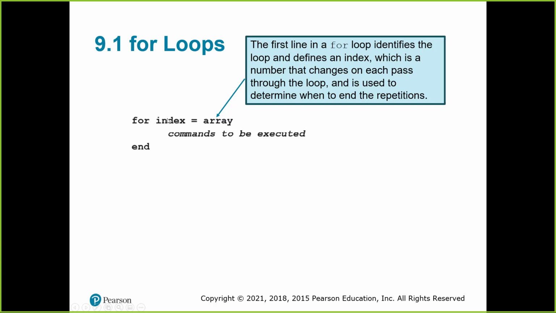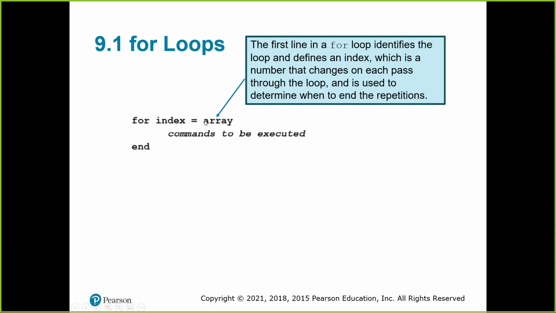This index variable has nothing to do with the position inside of a variable. This is just a variable that indexes the iteration in your loop. And you can use that down here in your calculations, or you don't have to, but that's what it is. And then an array.